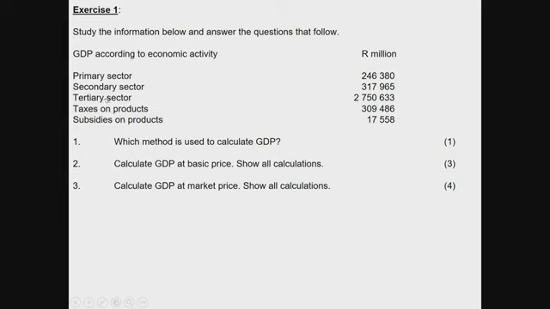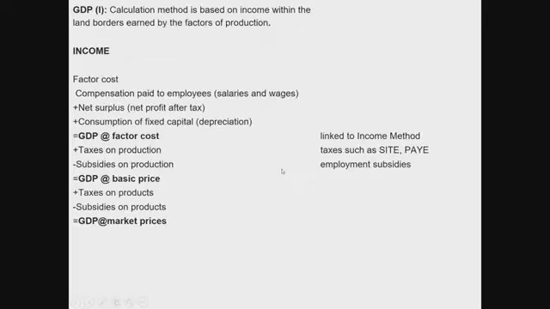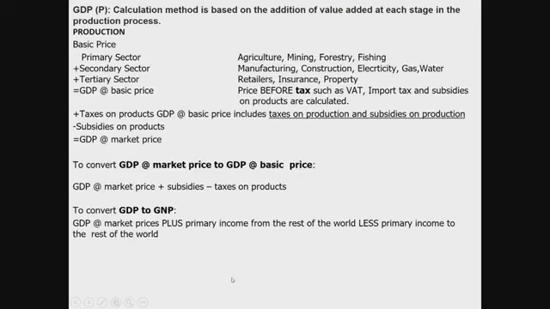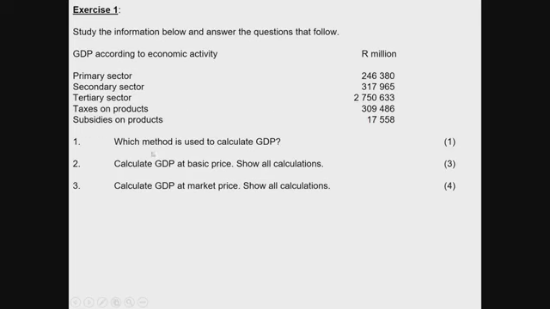That was the very first method we looked at, which was GDP(P), which is known as your production method. So that would be the production method that we are talking about there.